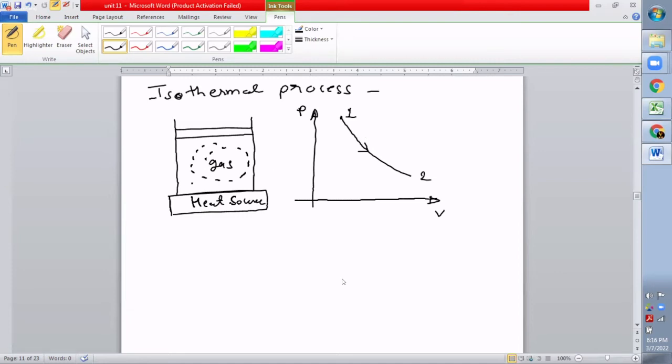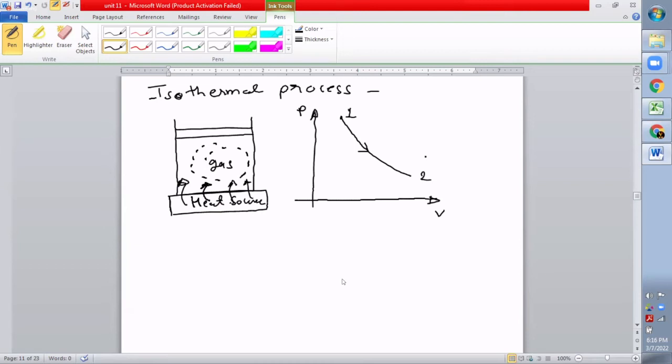So the heat from the heat source must be added into the cylinder in order to maintain the temperature constant. But if the addition of heat makes the temperature increase, then again you are not maintaining constant temperature.